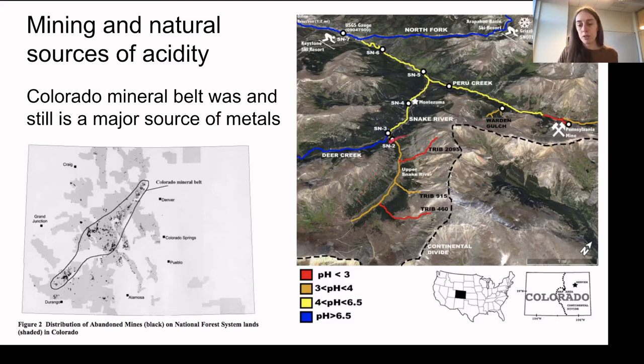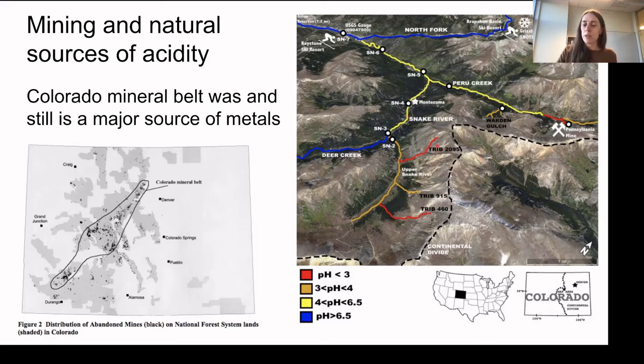However, if you look over here on this other tributary, we can see that without any mines, some of these tributaries also have pHs of less than 3, and it's not until they're diluted a little bit that they get between 3 and 4, and eventually, once Deer Creek, which is unaffected by pyrite, comes in, you get a pH between 4 and 6.5.